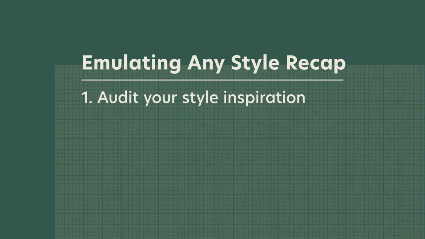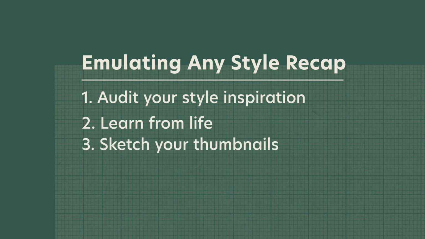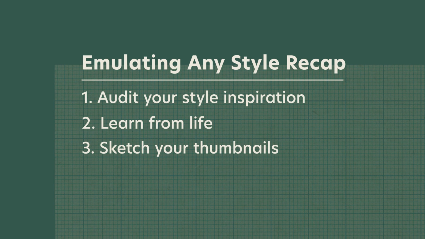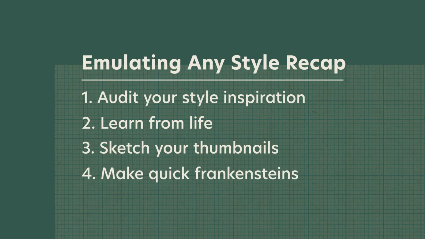Step 2 is to pull subject references that are relevant to your concept. Step 3 is to sketch your thumbnails and seek unique solutions. Step 4 is to make quick Frankensteins. And of course, step 5 is to illustrate and emulate that chosen style.